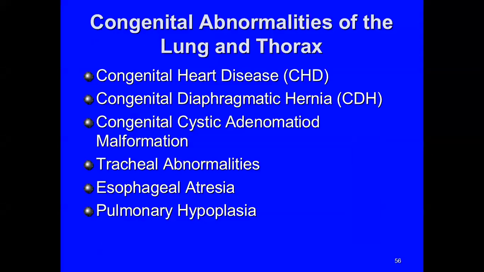So other diseases are like congenital diaphragmatic hernias, and also congenital cystic adenomatoid malformation. There are some other malformations like tracheal abnormalities, and esophageal abnormalities like atresias, and also pulmonary hypertension in the newborns.